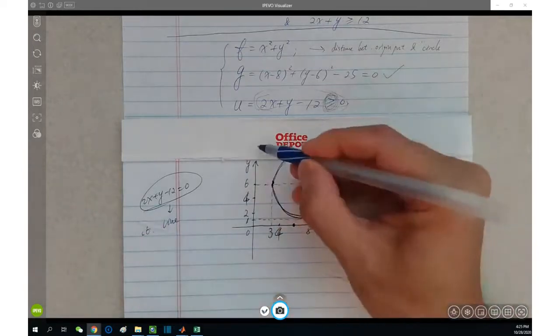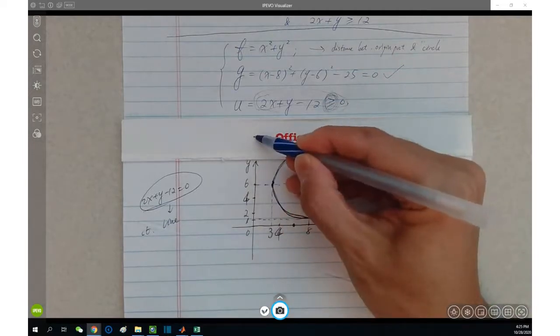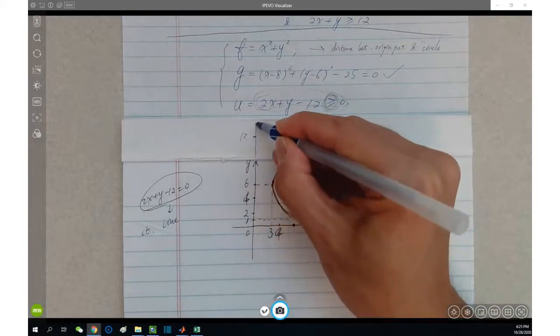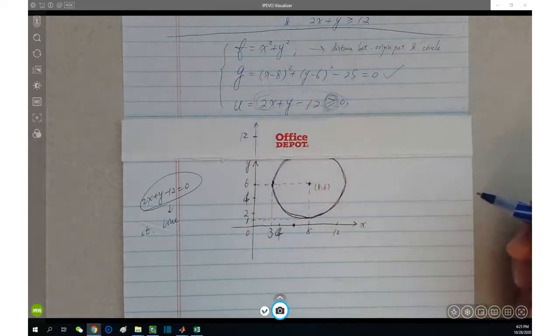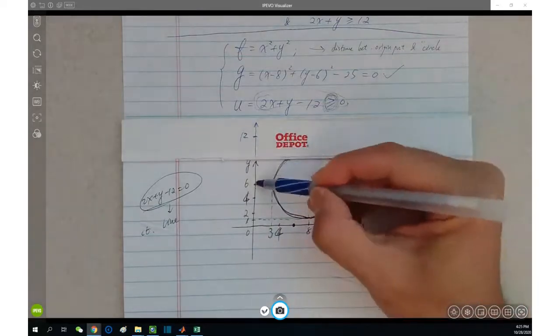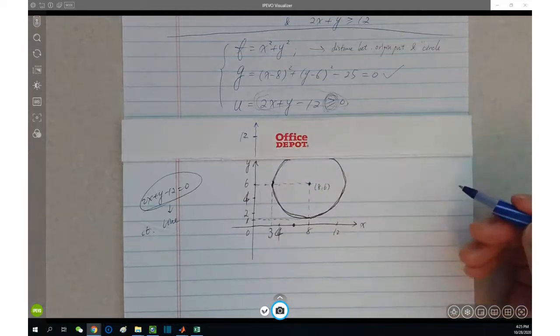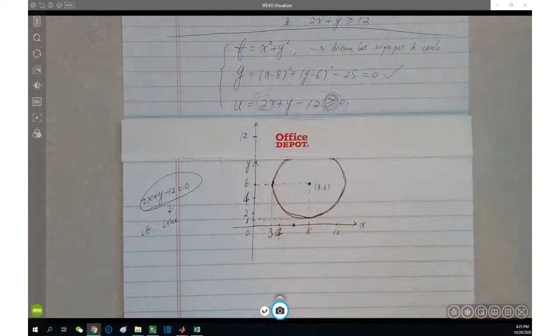See the problem? 12 is basically here, if I extend the y-axis. Does it make sense? So this distance is basically the same as this distance. Is it clear what I'm doing here? No response, I'm going to take that as yes.